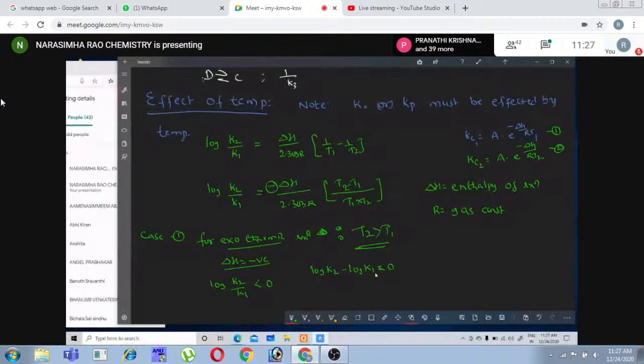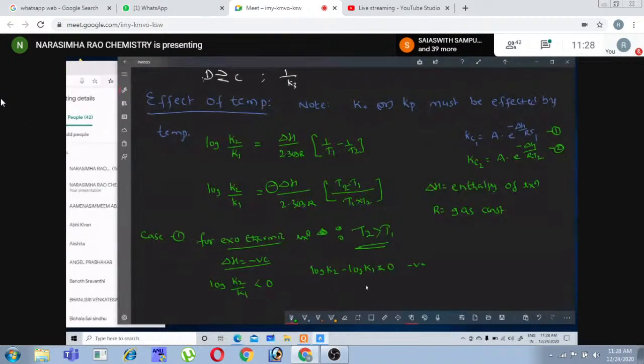Then K1 is greater than K2. Subtracting this from this gives a negative value, so which is higher, tell me.